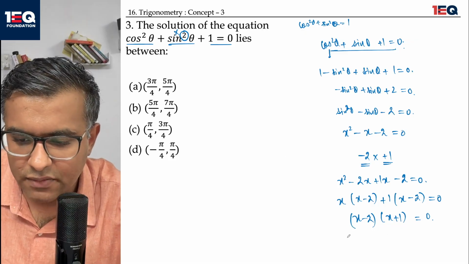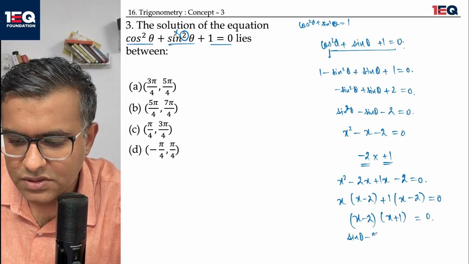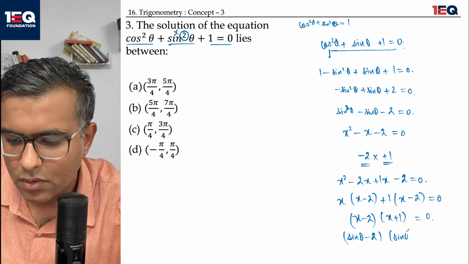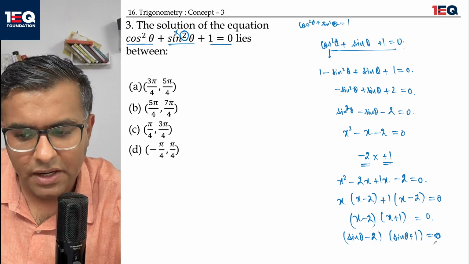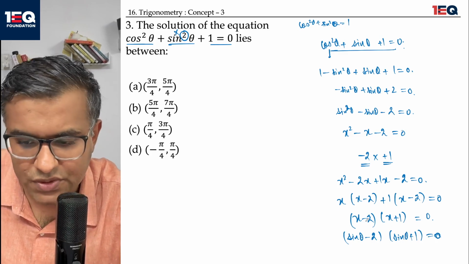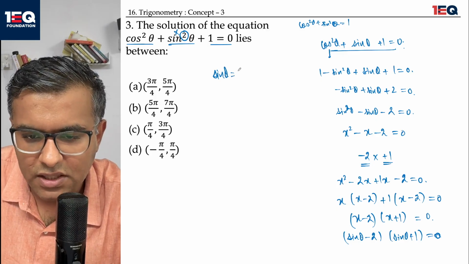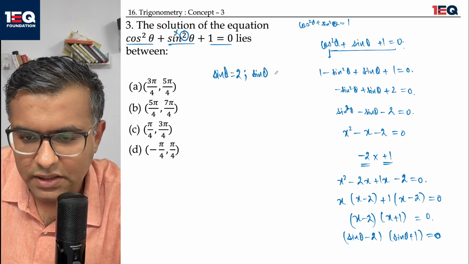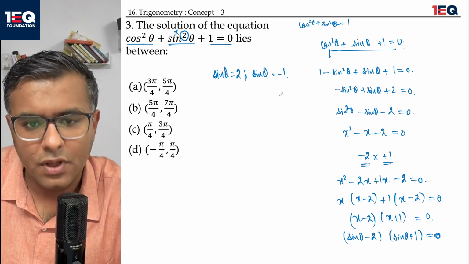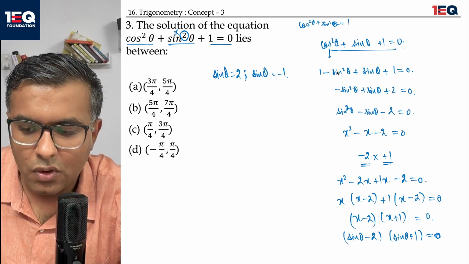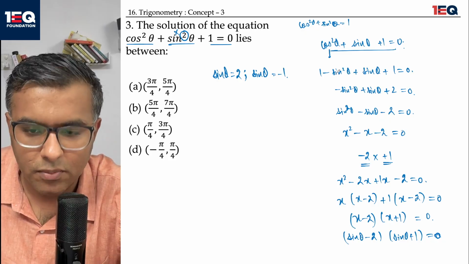Now I would replace x with sine theta. So sine theta minus 2 multiplied by sine theta plus 1 equal to 0. If both of them get multiplied and are equal to 0, I can say that sine theta is either equal to 2 or sine theta is equal to minus 1.